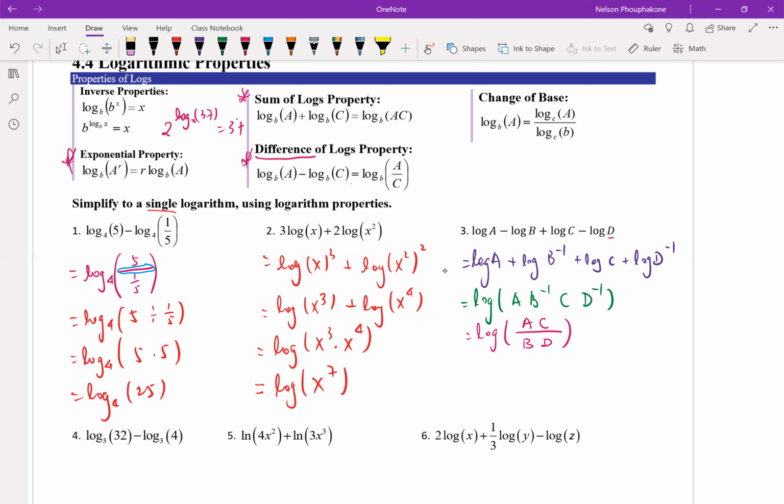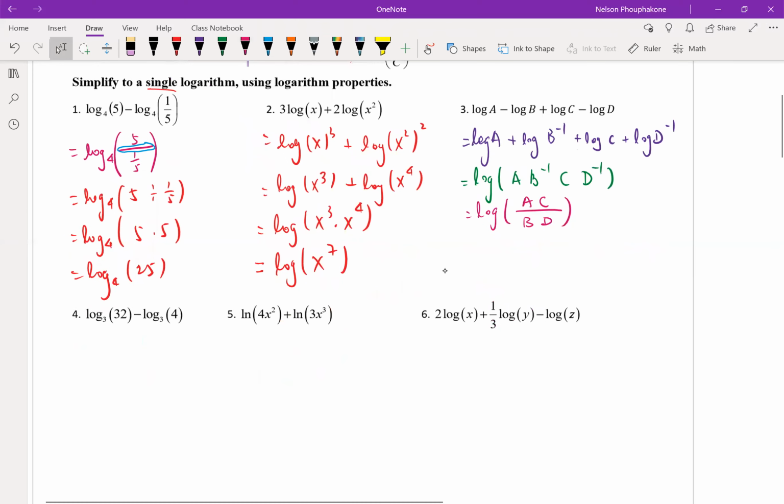Okay, then now let us look at the next problem. To number 4, then of course we will have log base 32 of 32 over 4, and then now we could have log base, oh my bad, this is actually 3, right? So log base 3 of 8, and done.